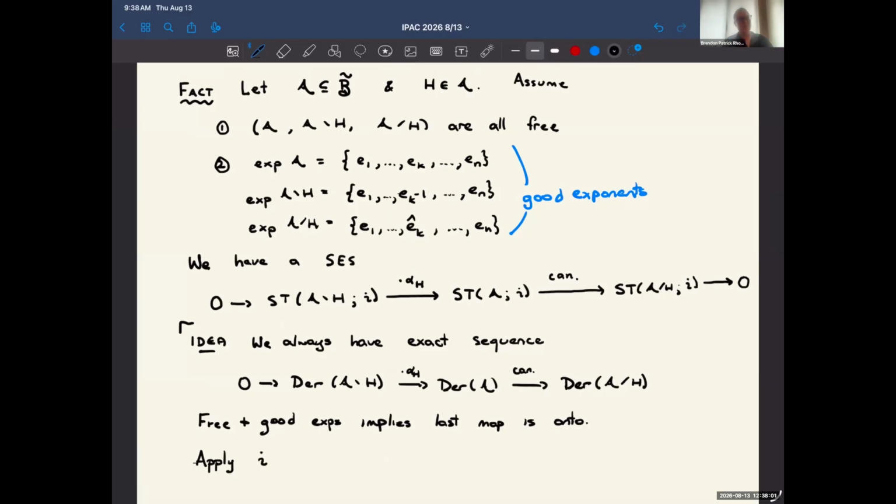to pass from derivation modules to Solomon-Terao ideals and use the fact that for any arrangement A, I_A is equal to the covariant ideal colon the product over H prime in B tilde of alpha_H prime.